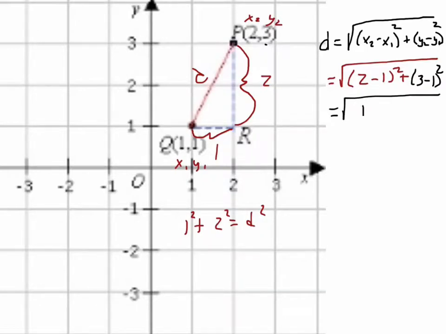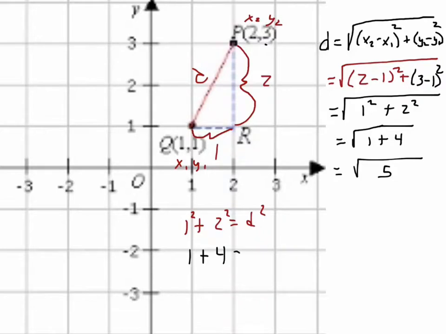So this is 1 squared plus 2 squared, which equals the square root of, I'll do it out, 1 plus 4, which equals the square root of 5. So let's do this one with the Pythagorean theorem. Same thing. 1 plus 4 equals d squared.